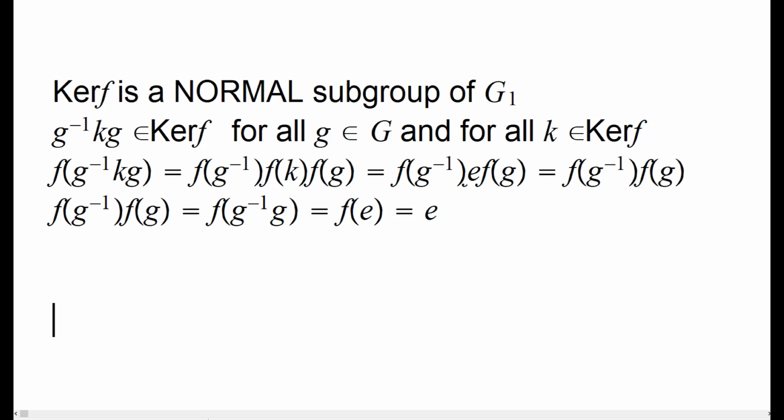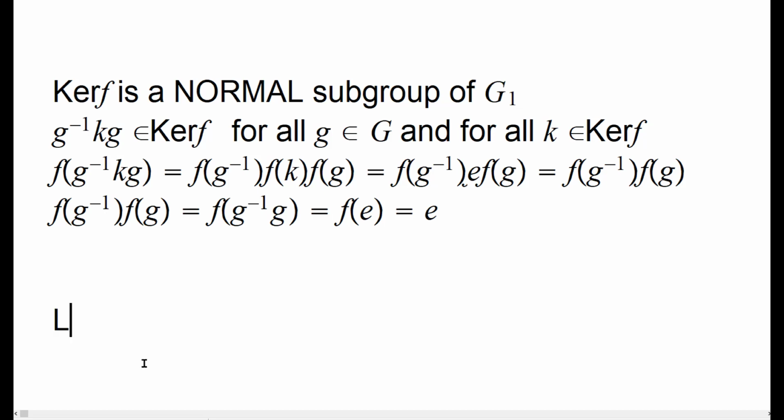So we saw that the kernel of F is a normal subgroup of G1. And remember, we didn't take this up for isomorphisms, because if the homomorphism is an isomorphism, that is, it has one-one and onto properties, then what will happen to the kernel? Let's see what will happen to the kernel in that case.